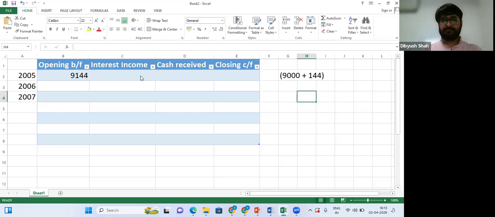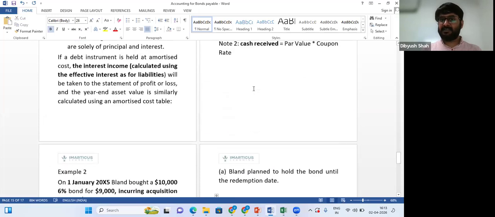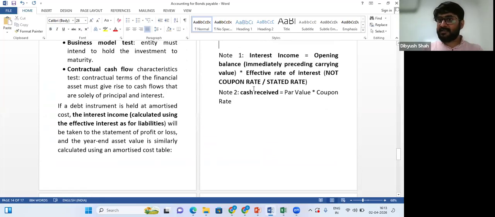Now remember, 6% is the coupon rate or stated interest rate, and the effective interest rate is 11%. And I told you, if you look at the preceding page, that interest income on this amortized cost basis, same as interest expense in bonds payable, is always the opening balance, that is the preceding carrying value, multiplied by the effective rate of interest, not the coupon rate.